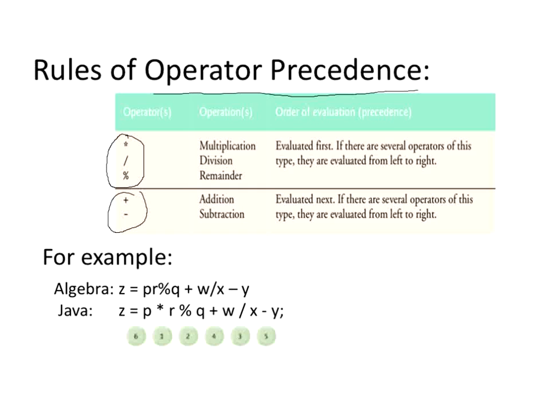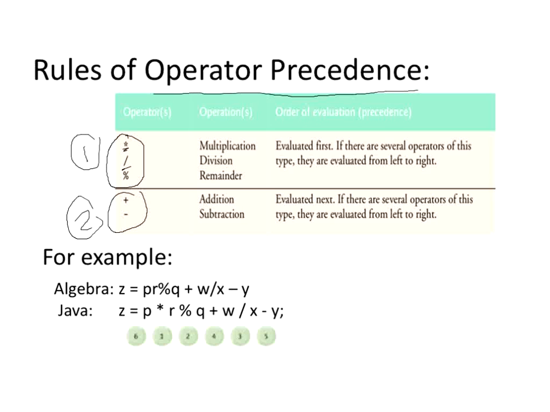So if we put this in families, say this is family number 1 and this is family number 2, family number 1 always has the upper hand. They are stronger than family number 2. I do not mean that multiplication is stronger than division. No, they are the same, they are of the same family. But we always work from left to right.